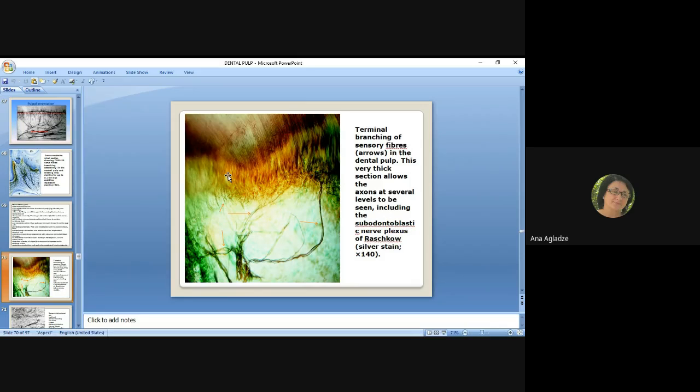The nerve endings do not have any connection with the odontoblasts via either tight or gap junction or synapses. They have no junctions with the odontoblasts. In the area of interradicular and tertiary dentin, innervation is of particularly low density, as you can see here.